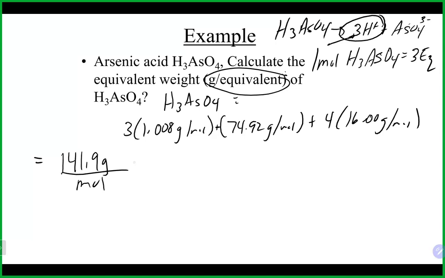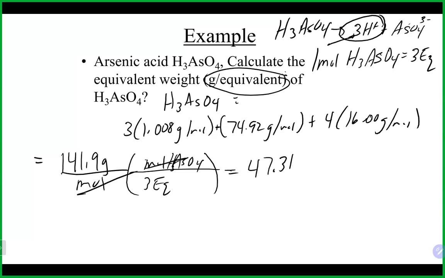So we can use that as a conversion factor: for every mole of H3AsO4 we get 3 equivalents. The moles cancel, and that gets us an equivalent weight of about 47.31 grams per equivalent. Because it has 3 hydrogens, the equivalent weight is a third of the molar mass.